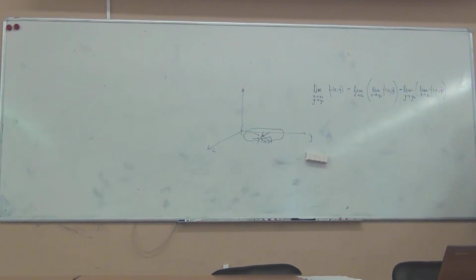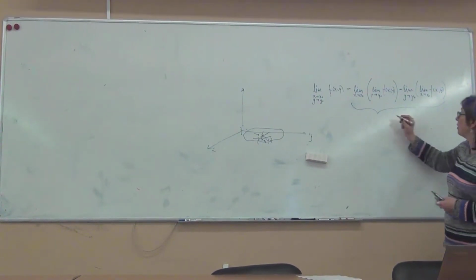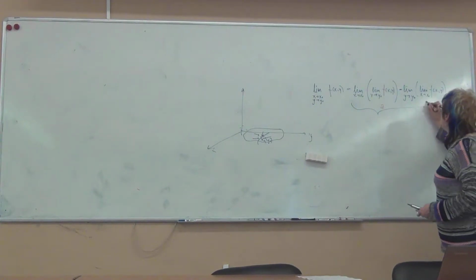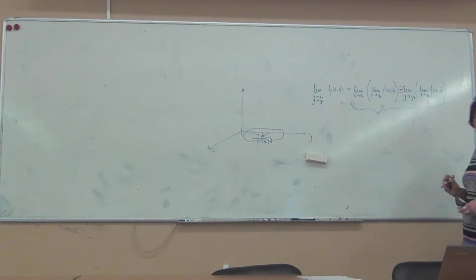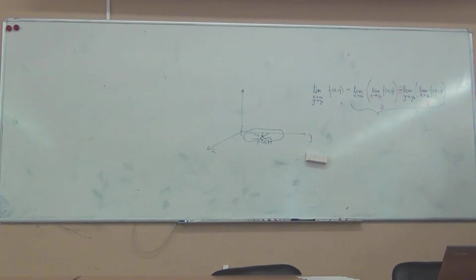And if you have any doubts, the limit exists if and only if both these limits exist and are exactly the same. If they both exist and are the same, then we can say that that is the limit as x tends to x0, y tends to y0.